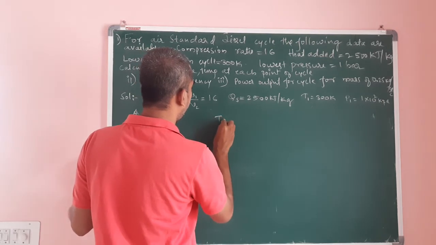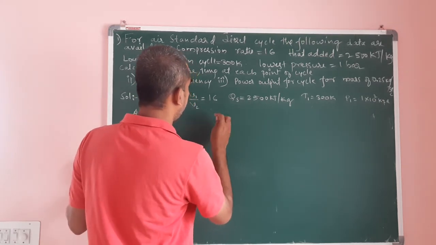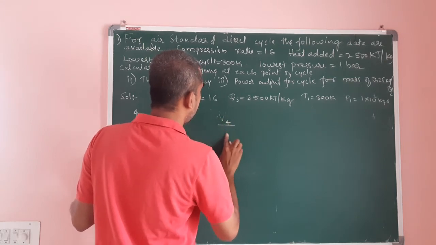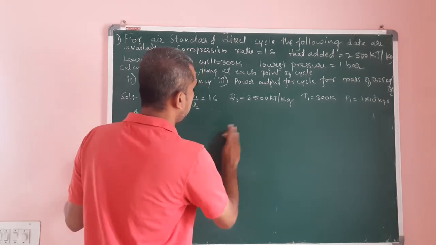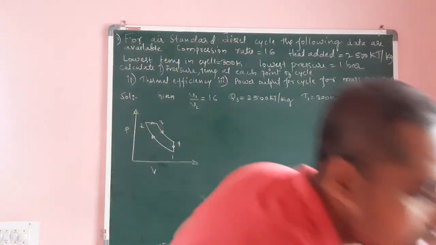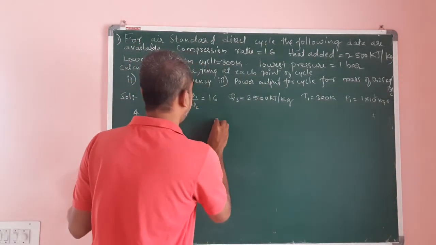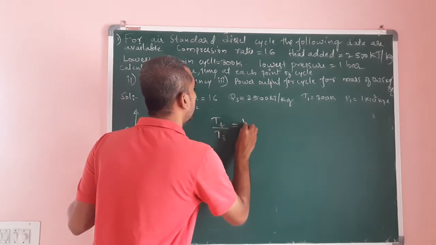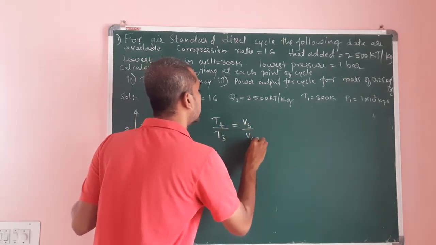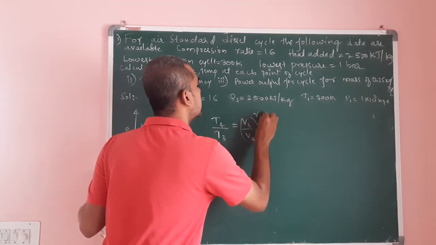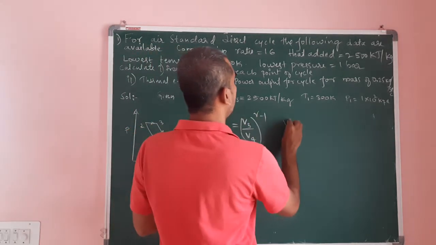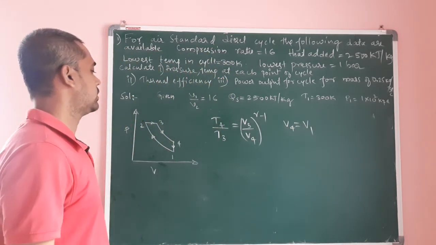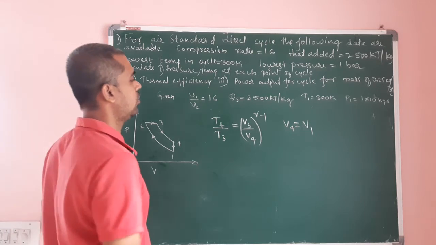We know T4 by T3 is equal to (v3 by v4) raised to gamma minus 1. v4 equal to v1, because 4 to 1 is a constant volume process.